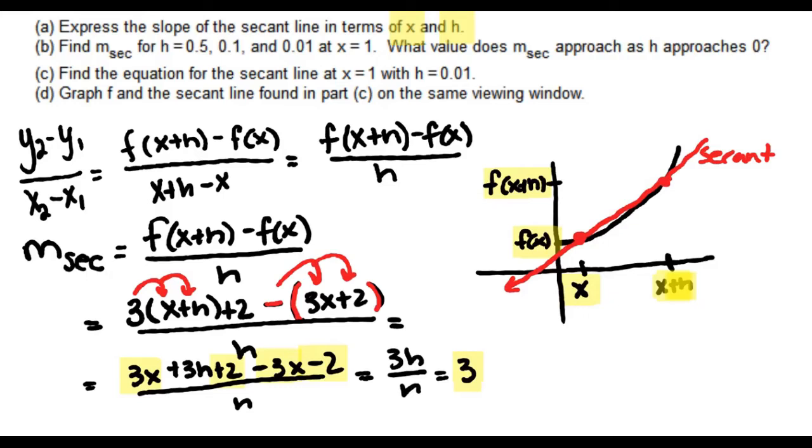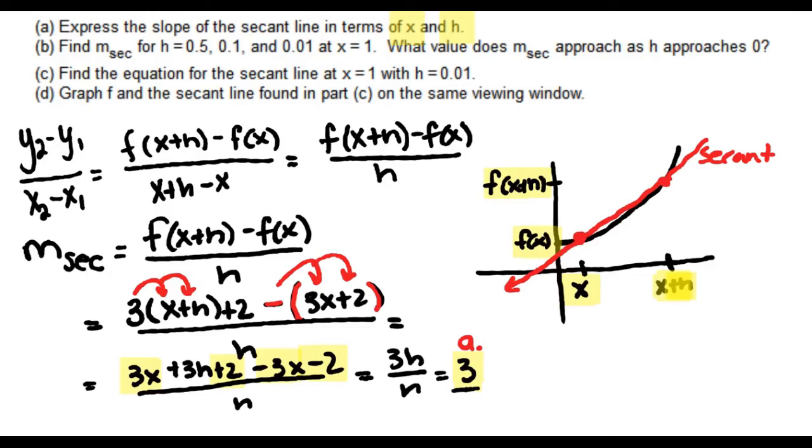So this is the answer for part A. The slope of our secant line in terms of x and h is 3. In part B, we're asked to find the slope of the secant line for h equal 0.5, 0.1, 0.01 at x equals 1.